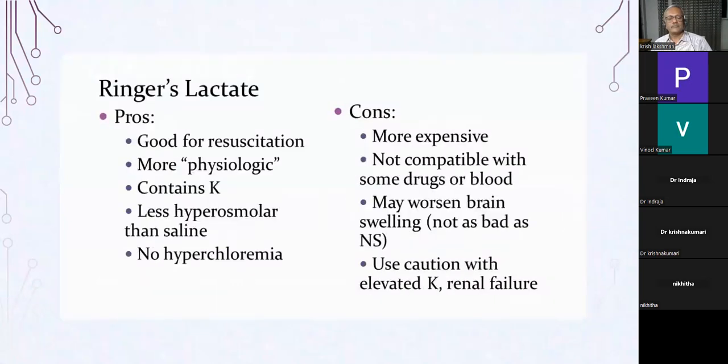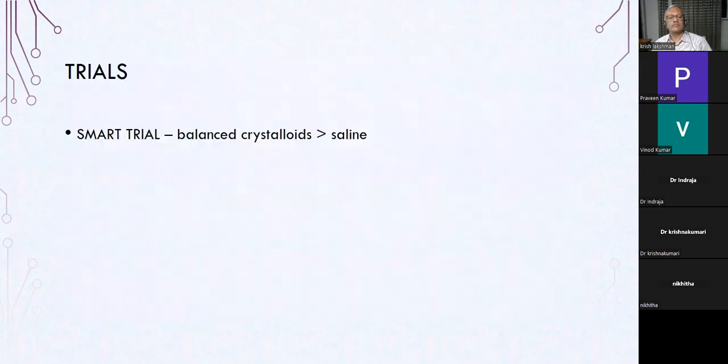So as I have mentioned before, it is physiologic, and Ringer's lactate is more expensive. It worsens the brain swelling, and now it is not used in shock and renal failure. All right.